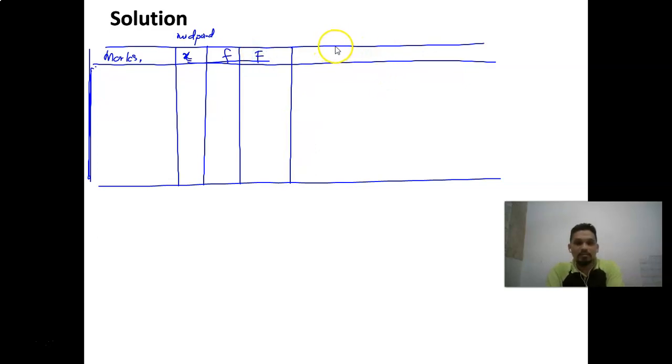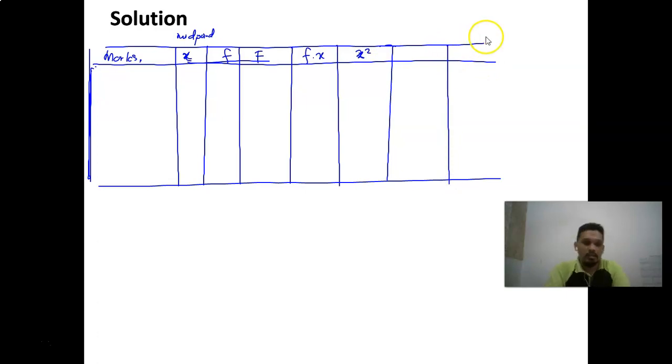What's next? F multiplied with x. Let's say if I add another column of x squared, and this is for f multiplied with x squared.